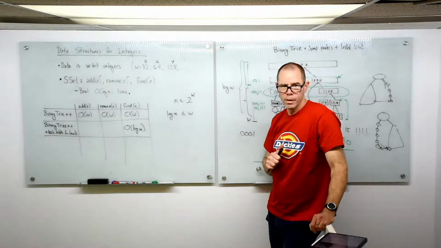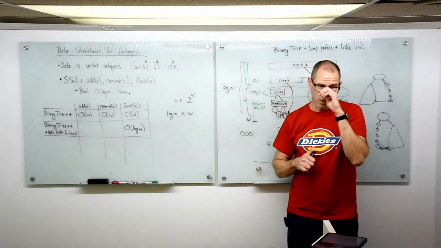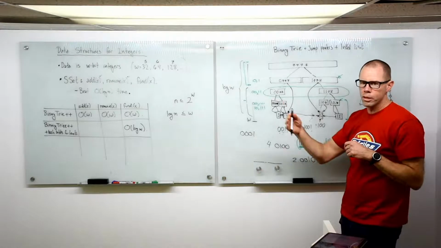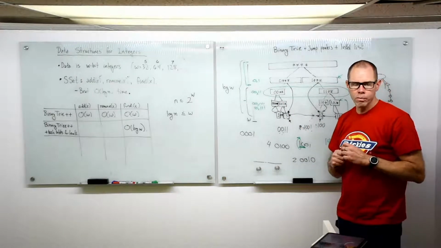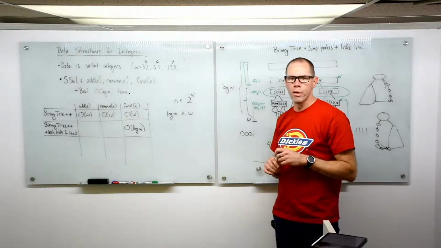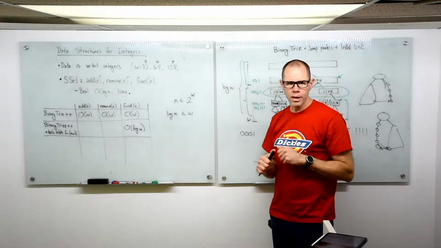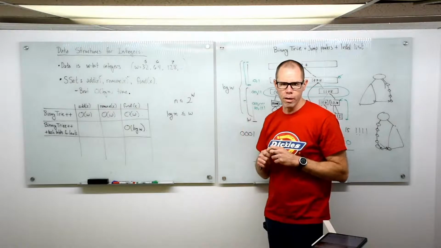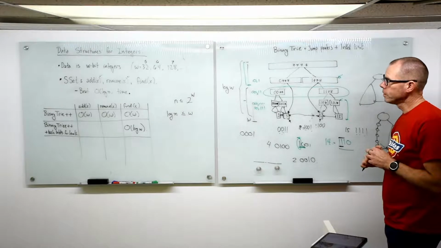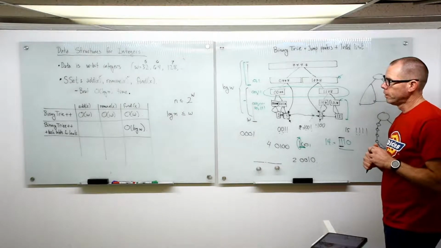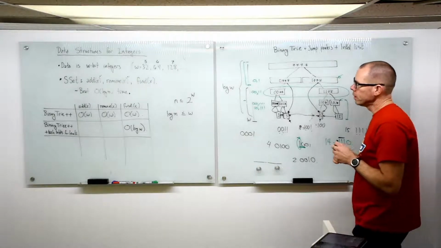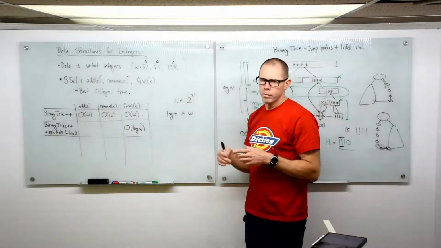Take the atoms in the universe and assign each one an integer, and then you can give me any subset of the universe, and in 7 steps I'll tell you whether or not the atom you're interested in is in the subset or not. So that's remarkable. It doesn't matter how big the subset is, the only thing that matters is that the size of the universe is 2 to the 128.